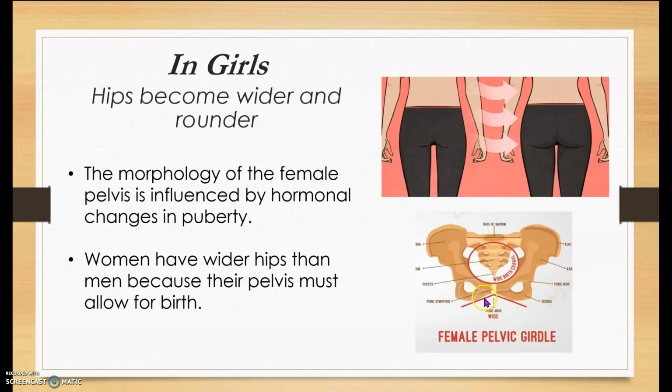That's why their pelvis needs to be widened. Okay? But boys do not give birth. That's why their pelvis is closer. Okay, so when the pelvis is wider, it causes our hips to get wider and rounder.